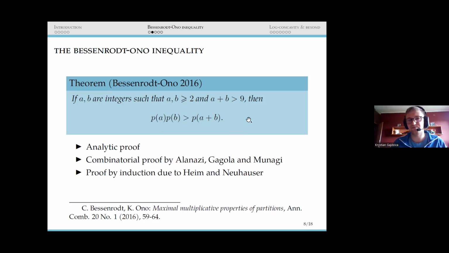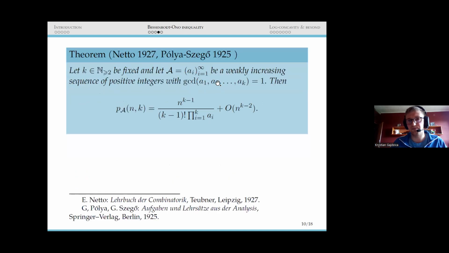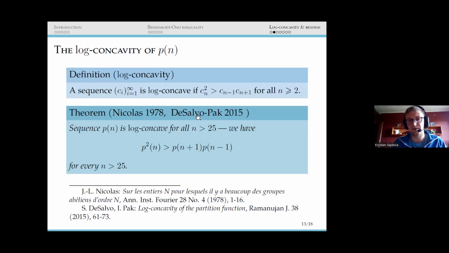Yeah. Okay. Interesting. I see also a question in chat about the reason why the Bessenrodt-Ono inequality was proven so late. Well, that is because of the log concavity, this result of DiSalvo and Pak. It is also a fun story, because the theorem of DiSalvo and Pak appeared in 2015, but Nicolas proved this fact in 1978, and the theorem of Nicolas was forgotten for many years because it was written probably in French, and unfortunately that is the reason.